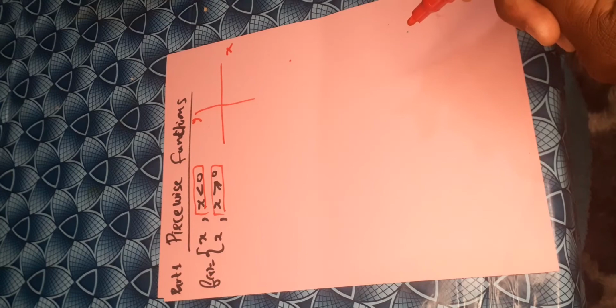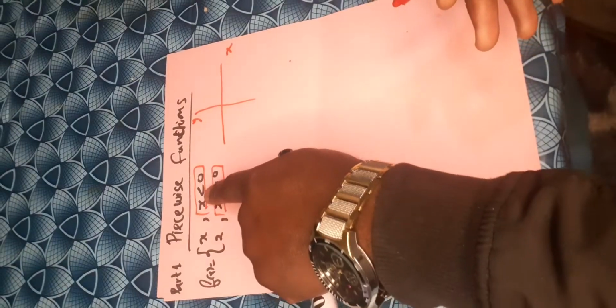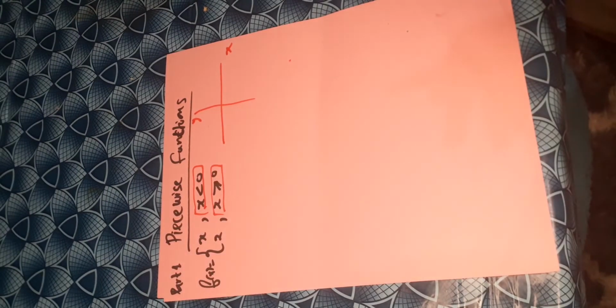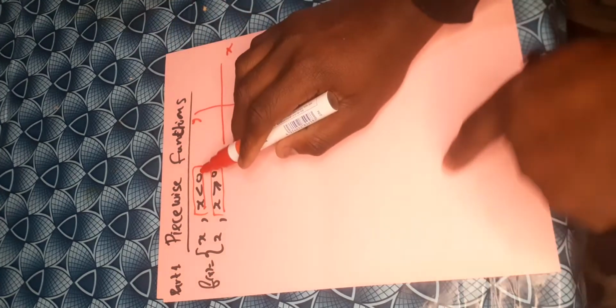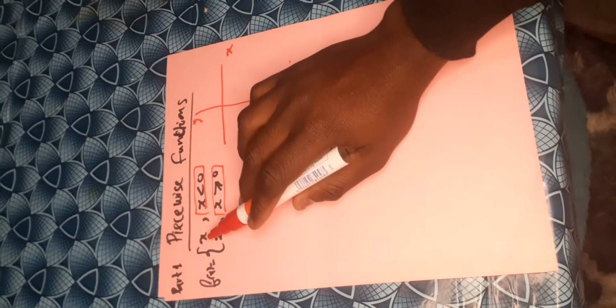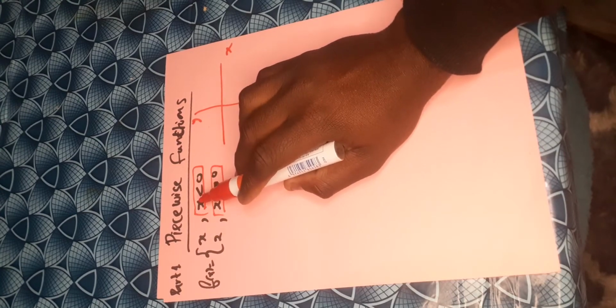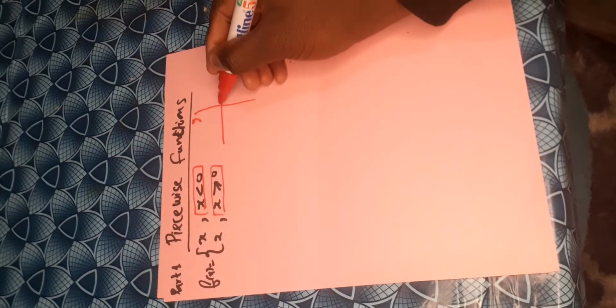Let me tackle the first one. They say f of x equals x when x is less than 0. So usually for you to be in the domain, or in that interval, you must check this. You take that value, you put it in your equation. You take that 0, you put it here. If x is 0, it's going to give you what?